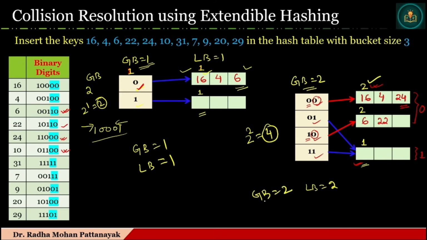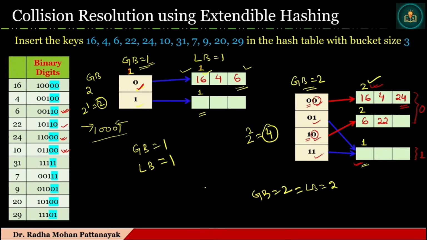Means what is the relation of global bucket and local bucket length? That is equal. And you know that if global bucket and local bucket are both equal size, then at the time of splitting the local bucket, you have to split the global bucket also. Clear? Now we will split both the global bucket as well as the first local bucket.